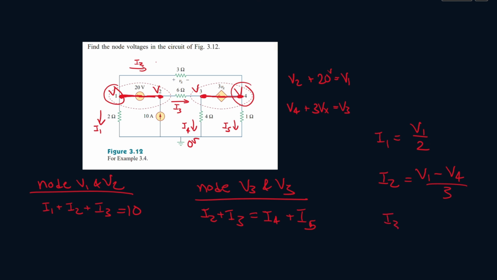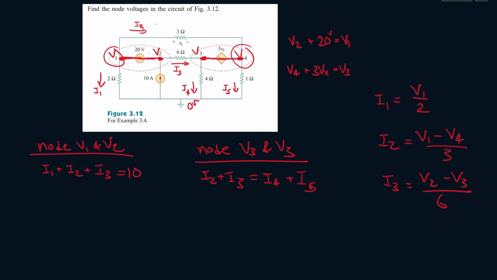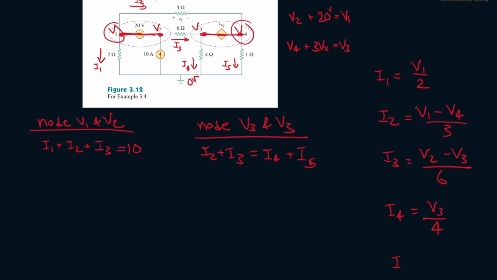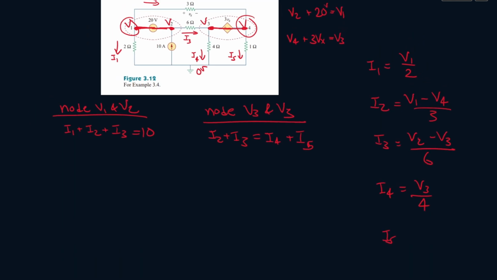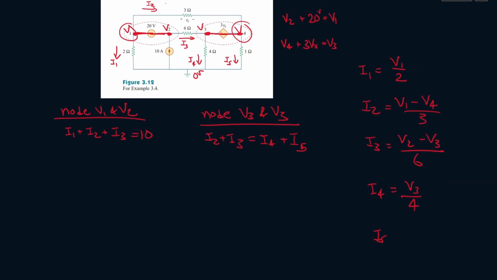For I3, it goes from V2 to V3 over the 6 ohm resistor, so it equals V2 minus V3 over 6. I4 goes from V3 to 0 over the 4 ohm resistor, so it'll be V3 over 4. And for I5, it goes from V4 to 0 over the 1 ohm resistor, so it'll be just V4 over 1.